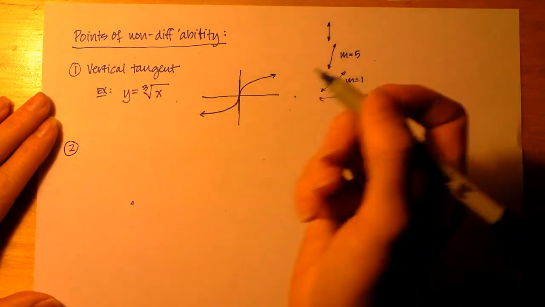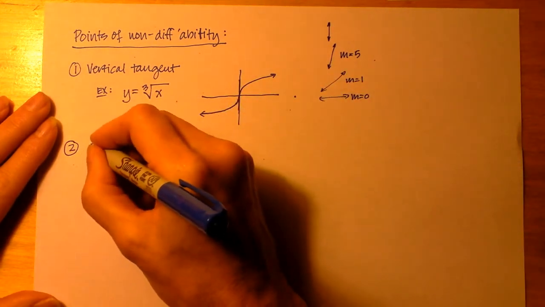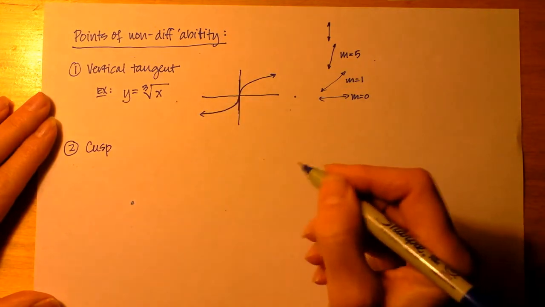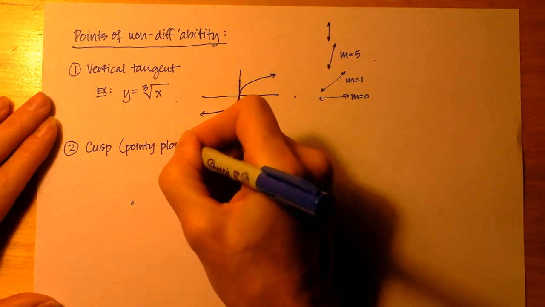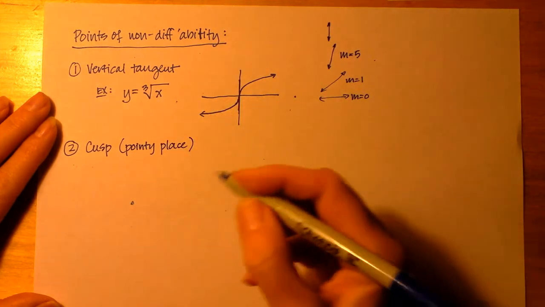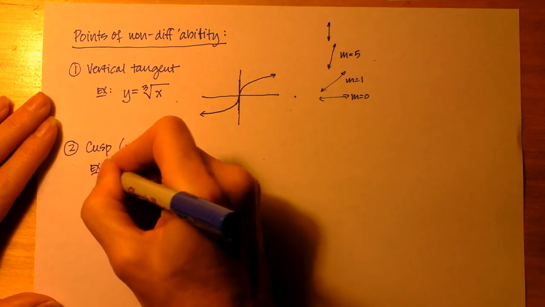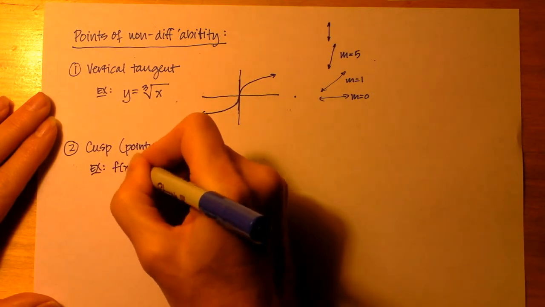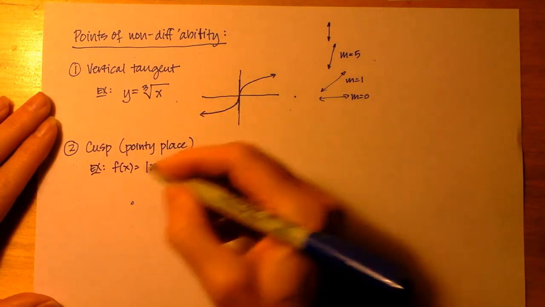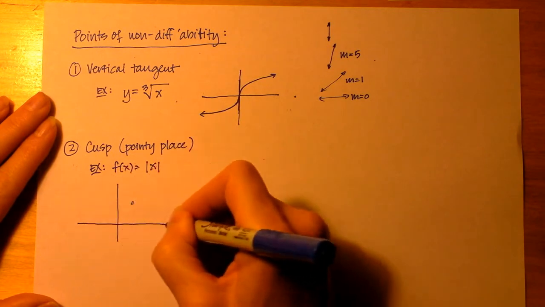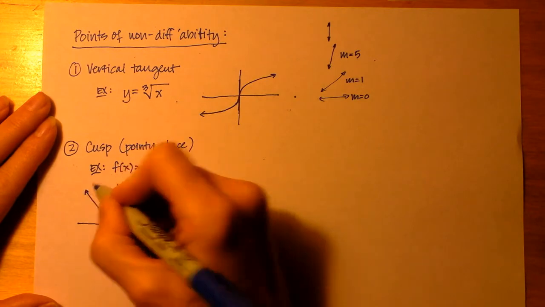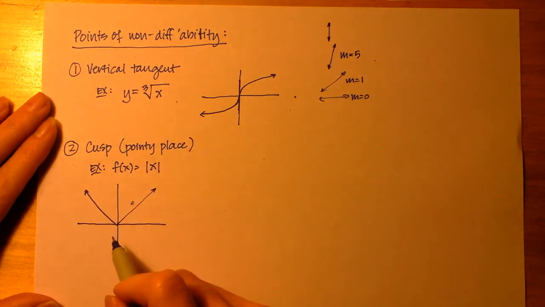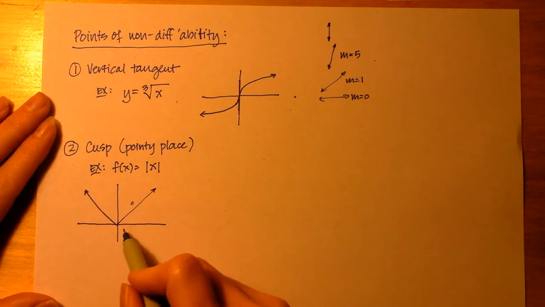The other thing, which seems to happen a little more often, is what we call a cusp, and it's a pointy place on the graph of a function. So an example that we've seen a lot, I think, is absolute x. The graph of absolute x looks like this, and this is one of the functions that you worked with on the activity last week, where you were asked to graph the derivative of this thing.